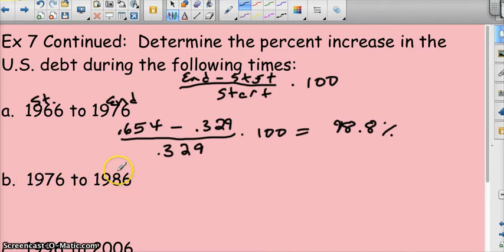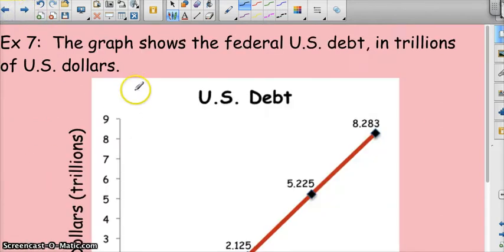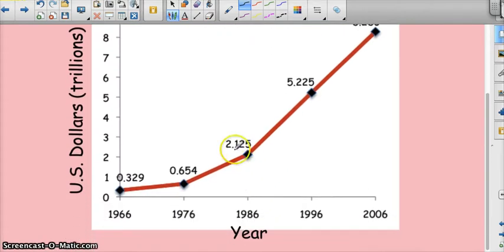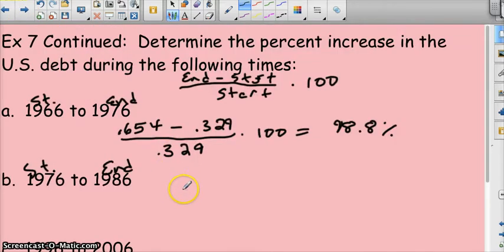From 1976 to 1986. Well, if we're looking at this interval, the ending point is 1986. That's a later date. The starting point is 1976. So we go back and we find our numbers. All right, well, in 1986 it's 2.125. In 1976 it's 0.654. So those are the numbers we'll use in this case. So end minus start divided by start times 100.